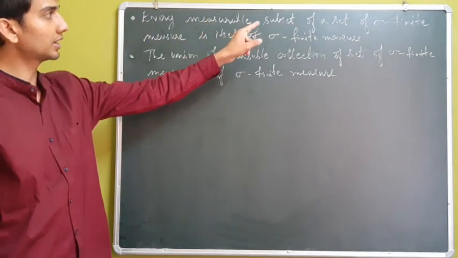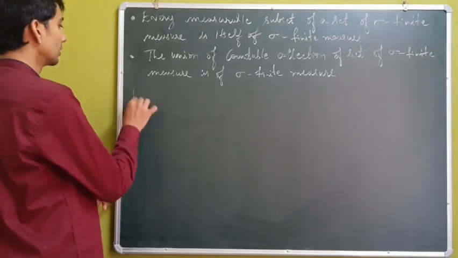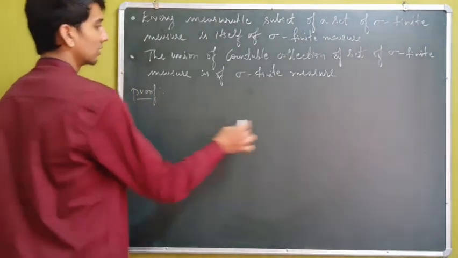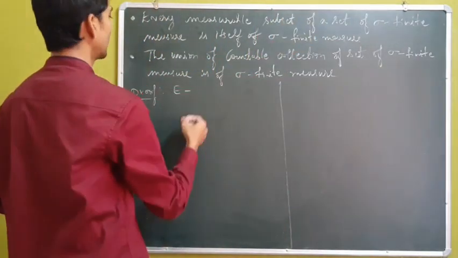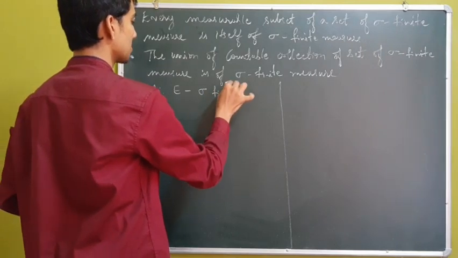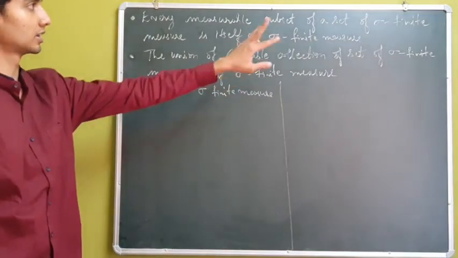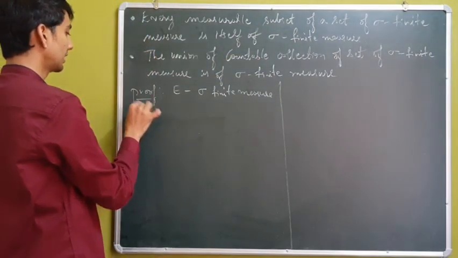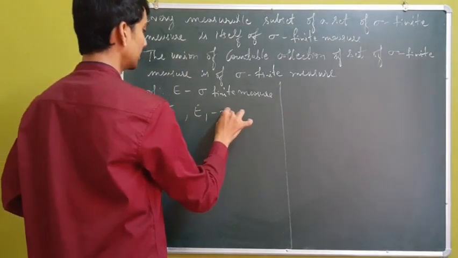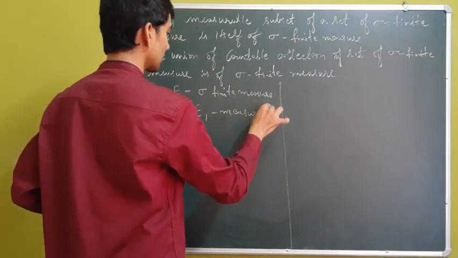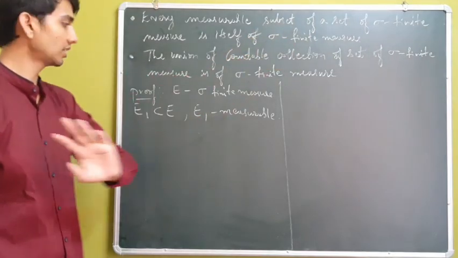To see the proof, let E be a set of sigma finite measure, and let E1 be a subset of E which is measurable. Now I need to prove E1 is of sigma finite measure.